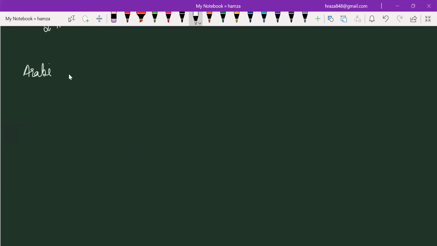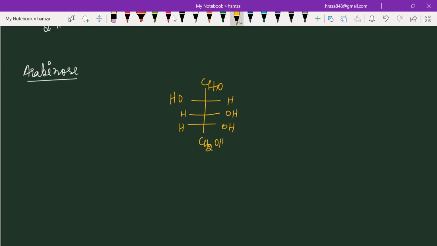This is arabinose. So first I'm going to write the structure of arabinose, then you will get it. This is our arabinose, CHO, and H on the right hand side, there was OH, and then H, OH, H, H. This is CH2OH.